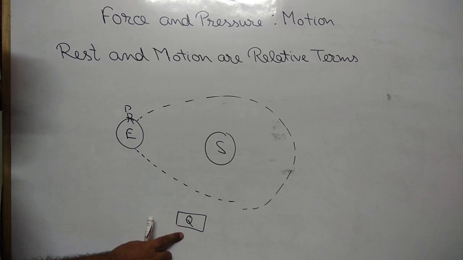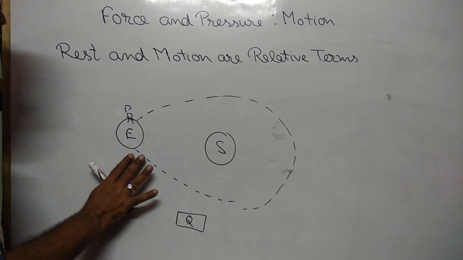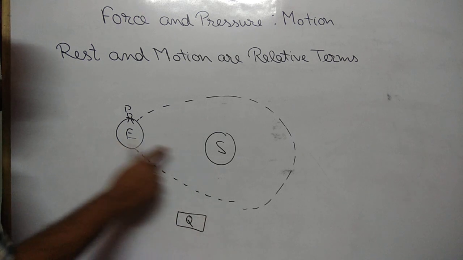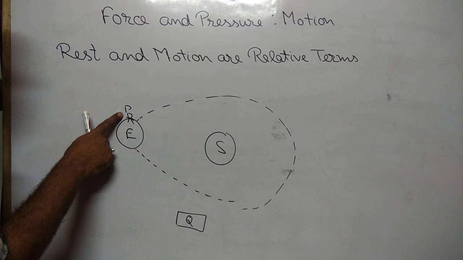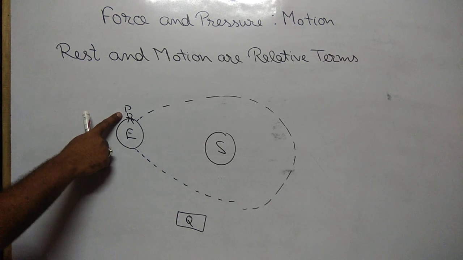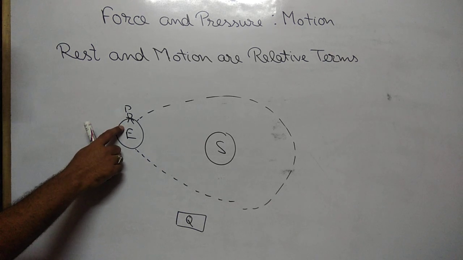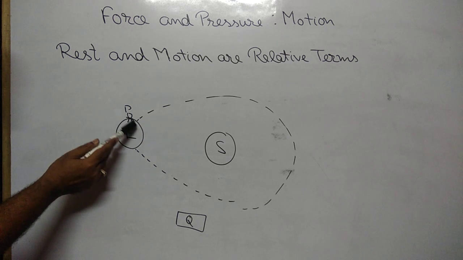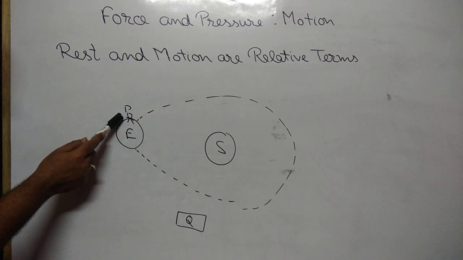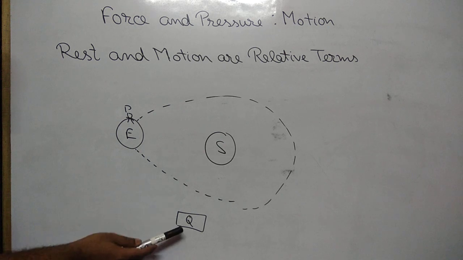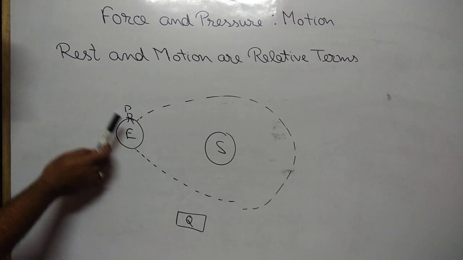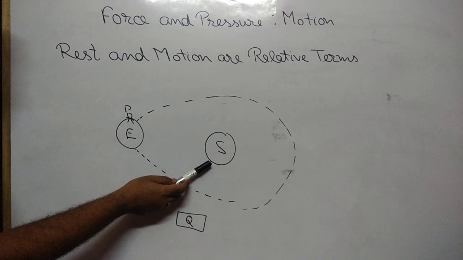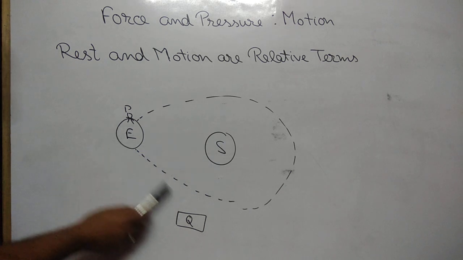Q takes the reference point outside the Earth, the sun, but P sees reference points on the planet E. So with respect to the surroundings on the planet E, P is at rest, but with respect to some other reference point, say the sun, P is also moving along with the Earth.